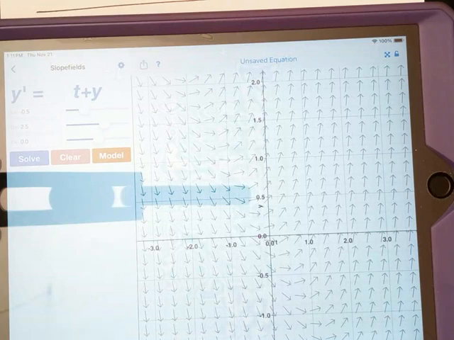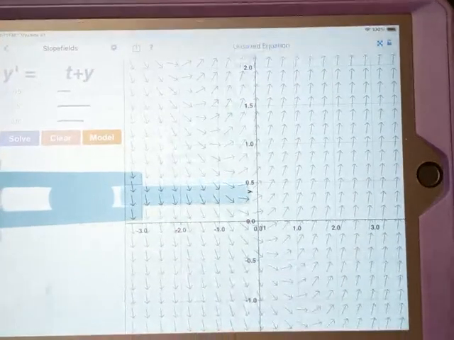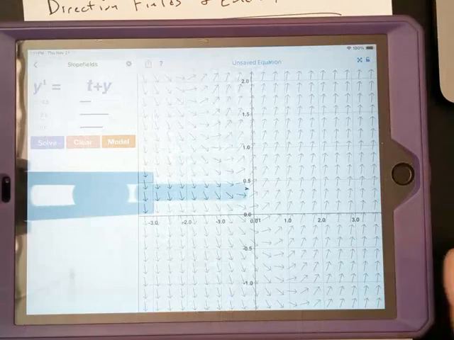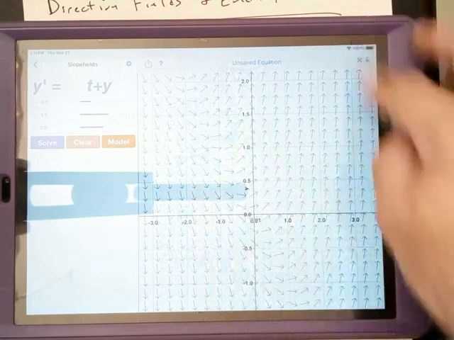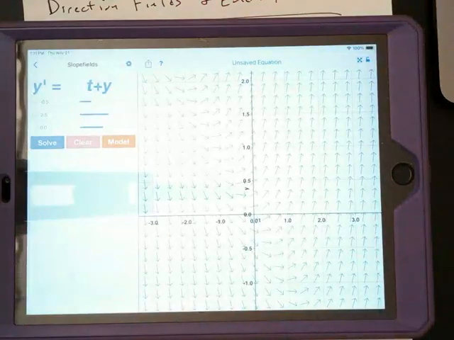But here's the interesting part. Having this picture now allows me to say, if I draw a curve that's the graph of the function that obeys this, these should be tangent lines.